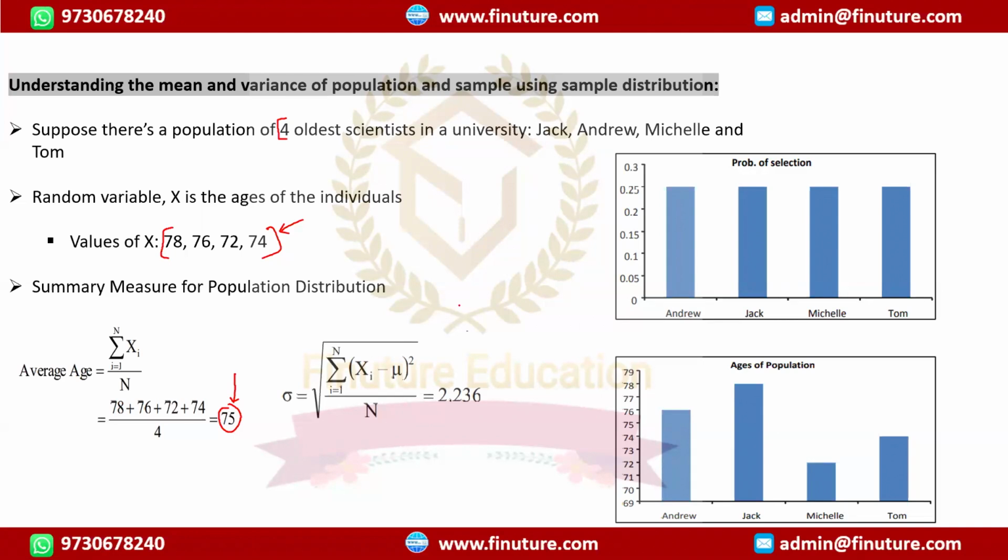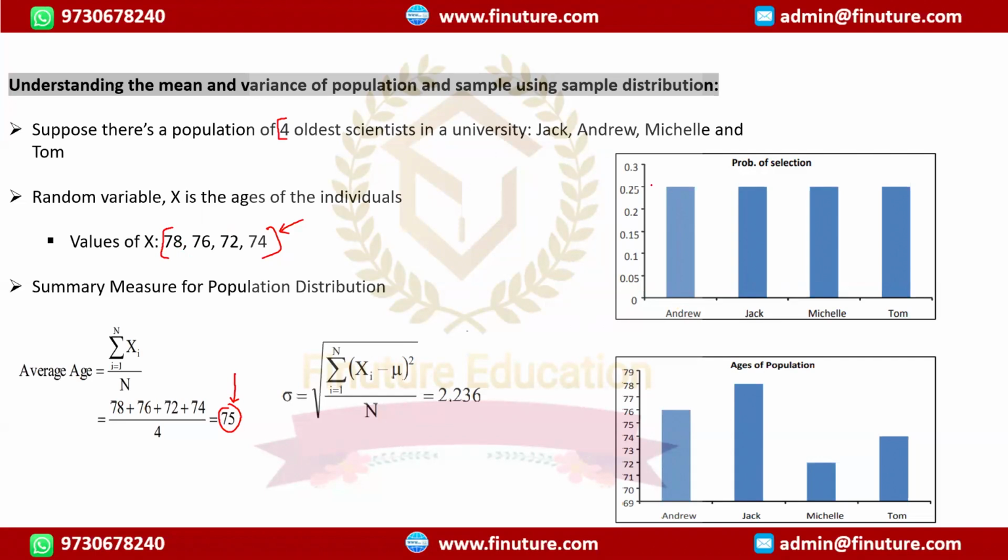Perfect. So if I were to plot a probability distribution, what is the probability that if I choose one at random, I'll get 78? You can think of this as a sample. What is the chance that if I pick any random person from this set, it would be 78?